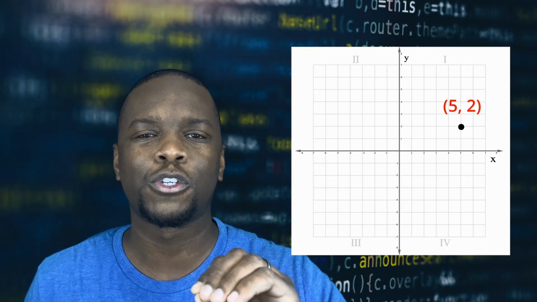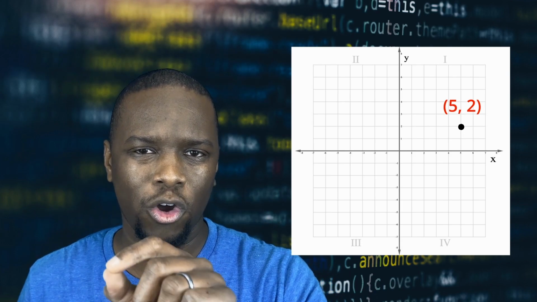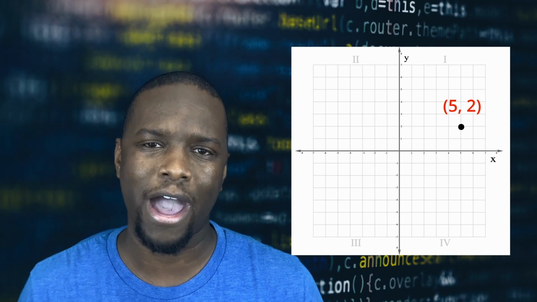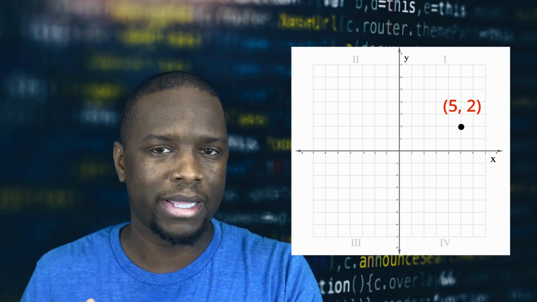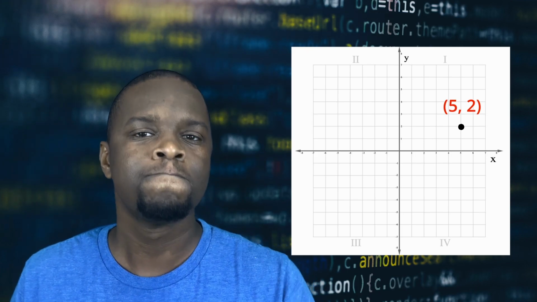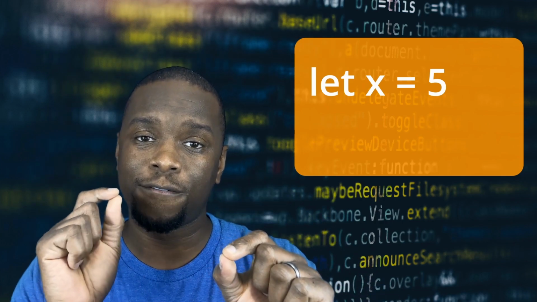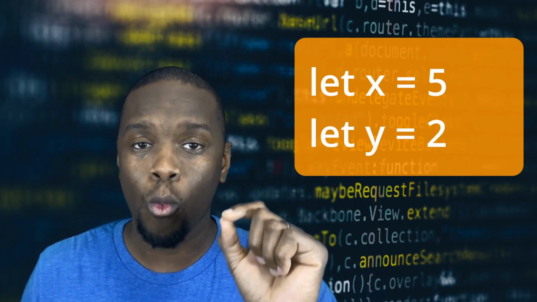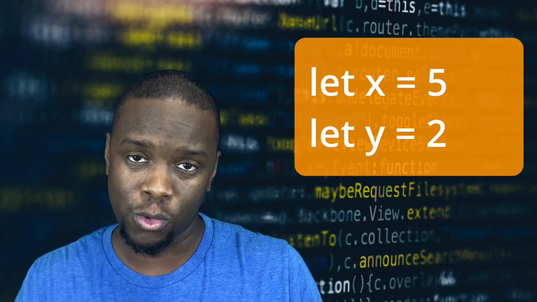If we have to store an XY coordinate point for a graph, there are two values, two coordinates that make up that point. We could store that in our program using an X variable with a value of 5 and a separate Y variable with a value of 2.